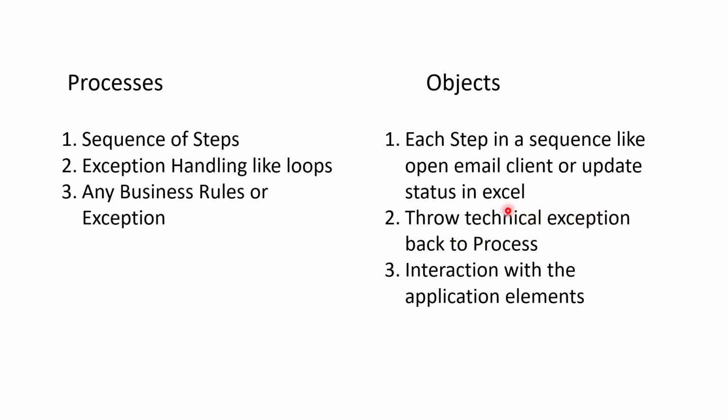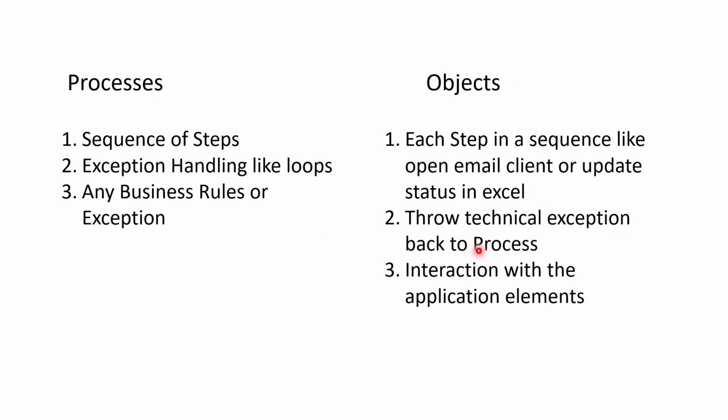In the objects, we'll have more of the system exceptions, because that is the level where the bot interacts with the applications, and system exceptions will come when the bot is trying to interact with that application. The application will throw system exceptions. The handling might be done in processes, but the system exceptions will come in the objects.